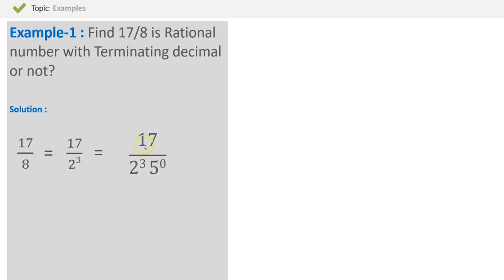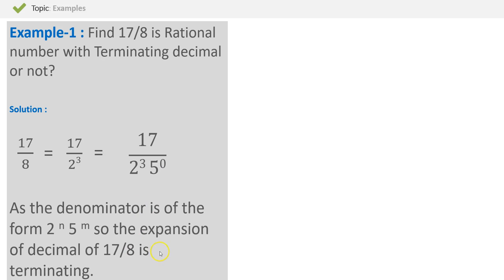So 17 divided by 2 to the power 3, 5 to the power 0. And hence, this was a number where q, which is 8, I was able to express as 2 to the power m and 5 to the power n, where m is 3 and n is 0. And hence, this is definitely a number whose decimal is going to terminate.